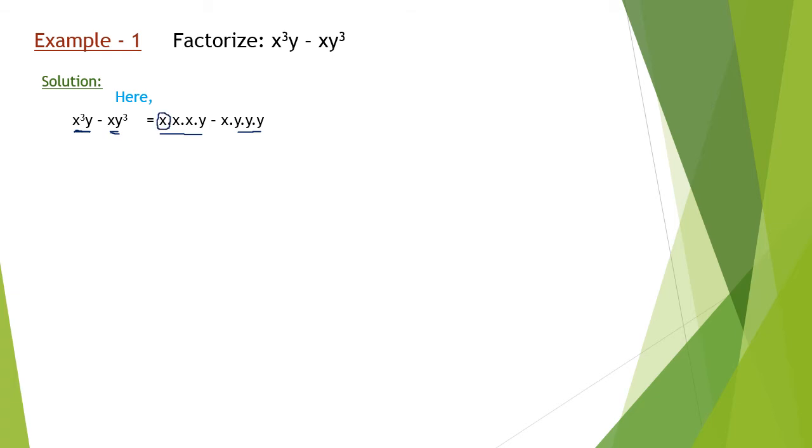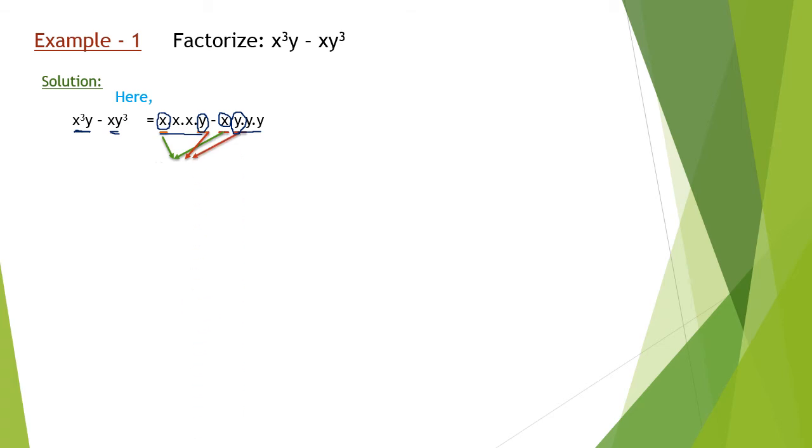X you can see right here is common, and y also is common. It's underlined. We will pick it from this part. Green is x, and brown color is y.